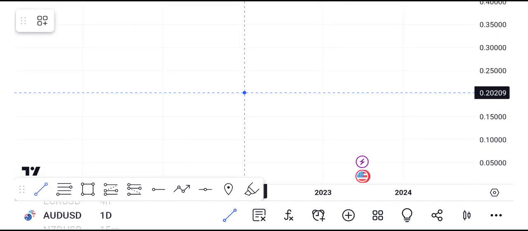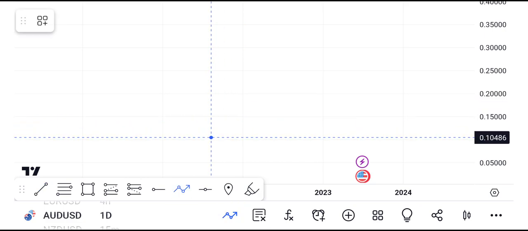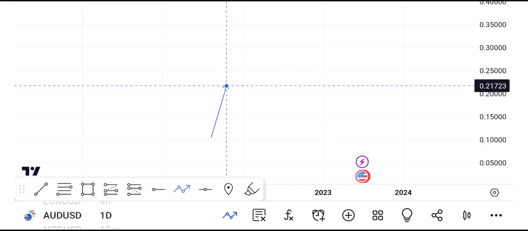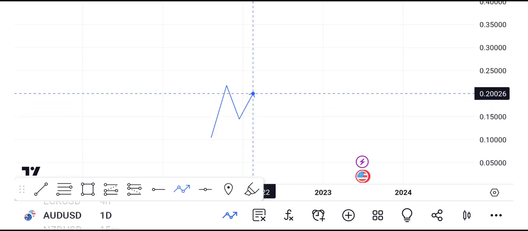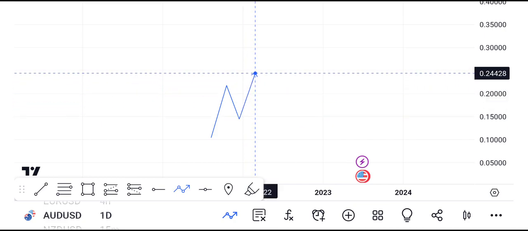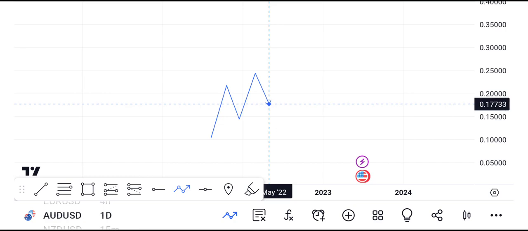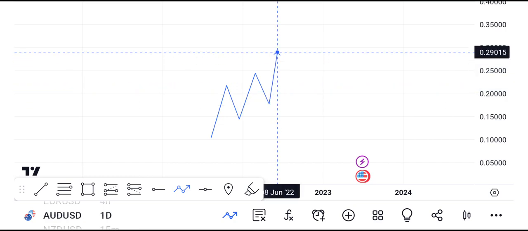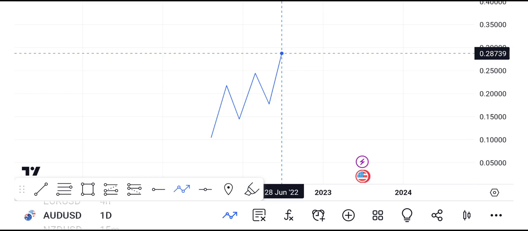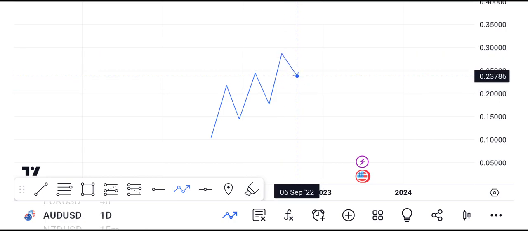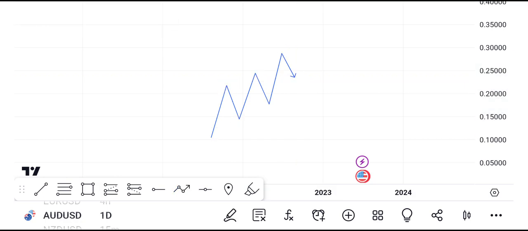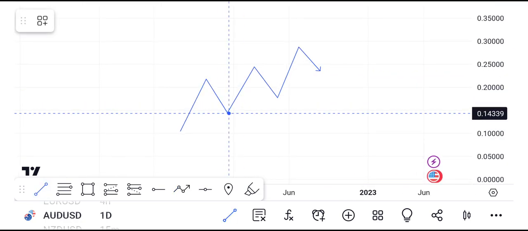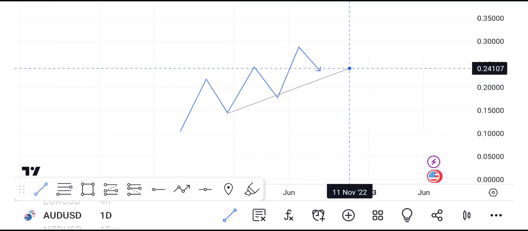Let's say we are moving in a series of higher high, higher low, higher high, higher low, higher high, and then, let's say price is moving like this.